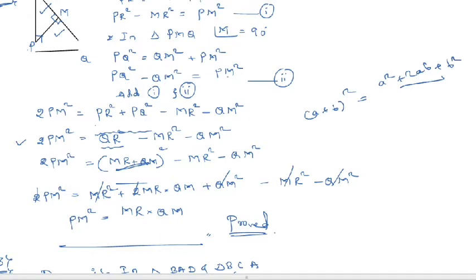So, what gets cancelled here? First MR square minus MR square gets cancelled, plus QM square minus QM square gets cancelled. Then the 2 on both sides get cancelled. What remains? PM square is equal to MR into QM, which is proved.